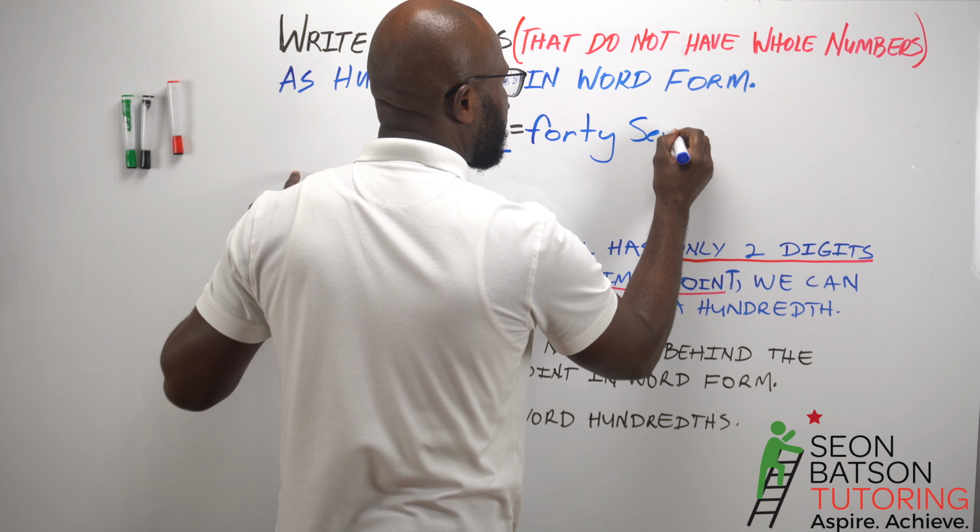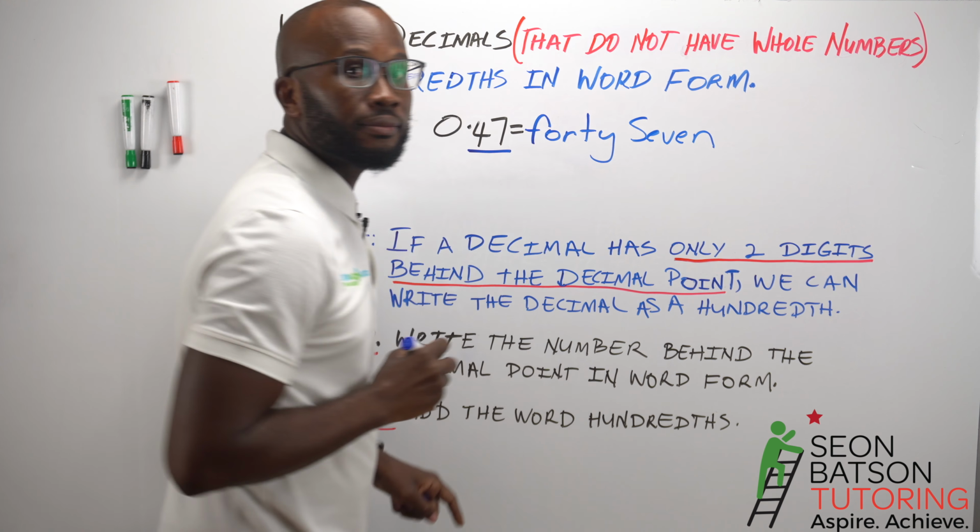And then our next step is to add the word hundredth. That's it. So if you were to see 0.47, you will either say 47 hundredths or you will write 47 hundredths.